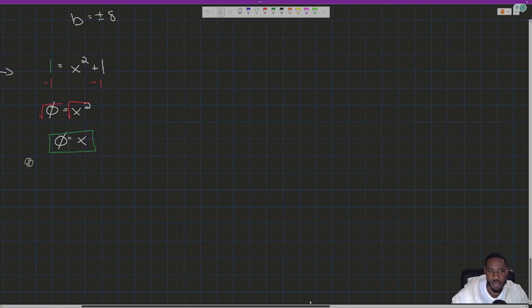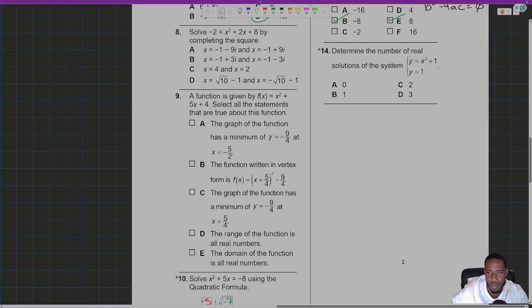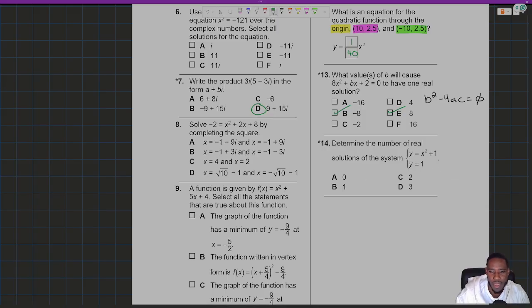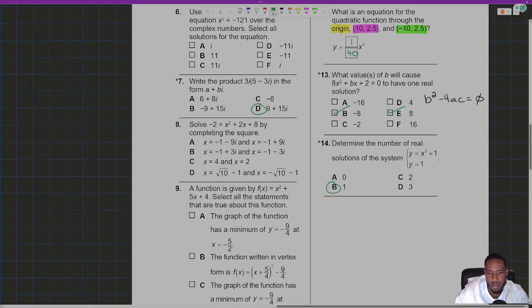And so there's only one place where those two lines cross, and that's going to be B, one solution. The one solution is 0.